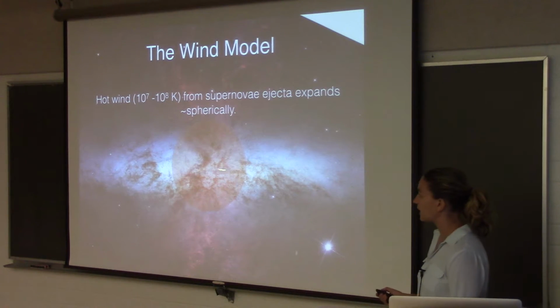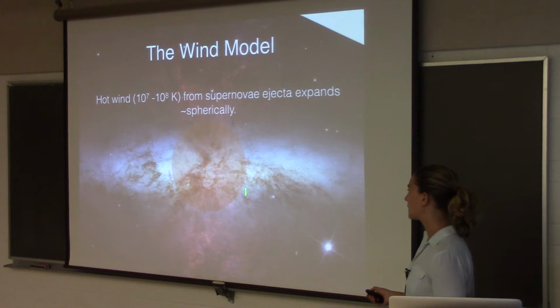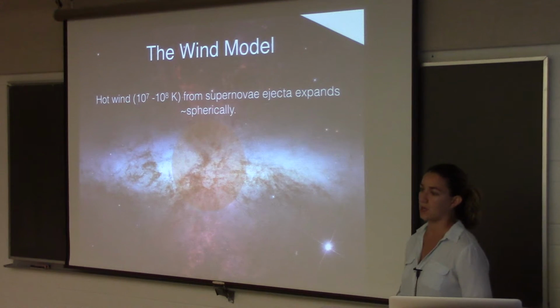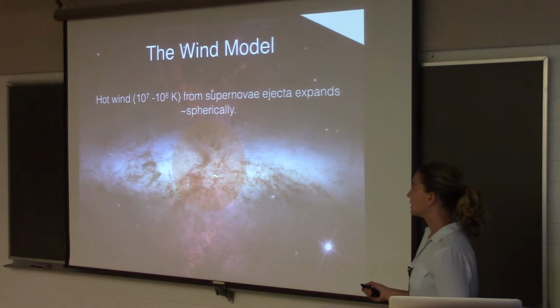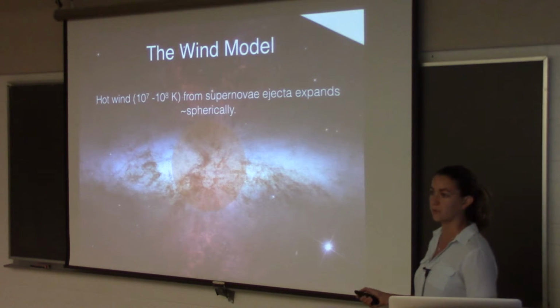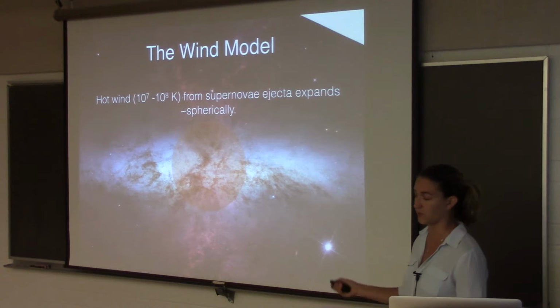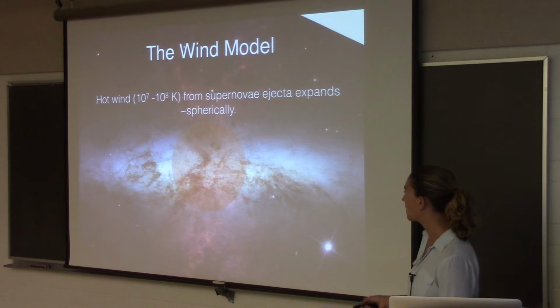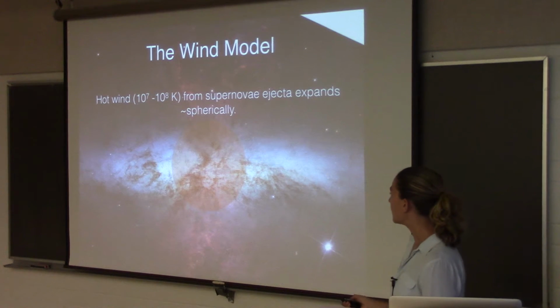If we assume that that expansion is roughly spherical, which seems to fit the data okay in the inner regions, then you can analytically calculate what the density, velocity and temperature of the hot gas will be at any given radius from the starburst. That's a wind model that was developed by Chevalier and Clegg in 1985.